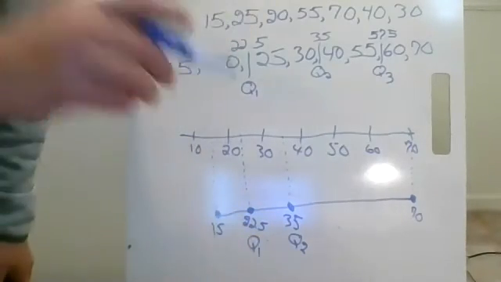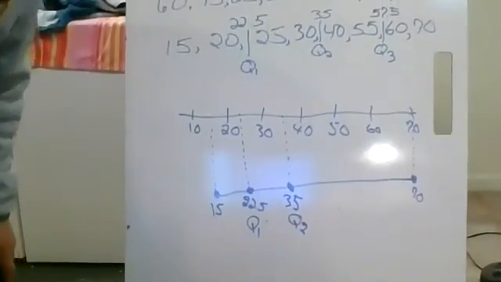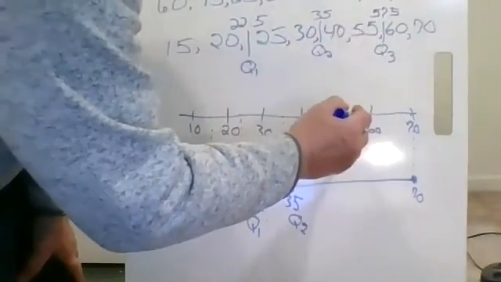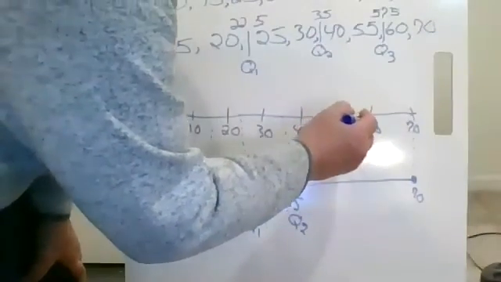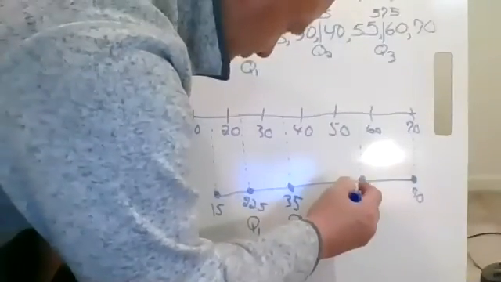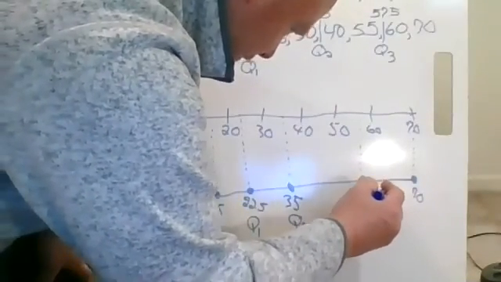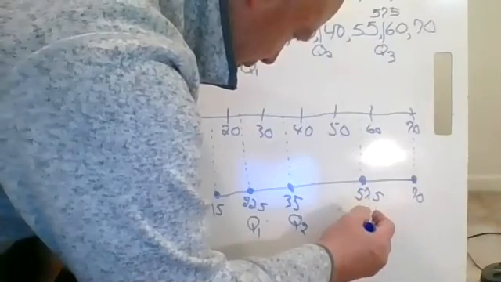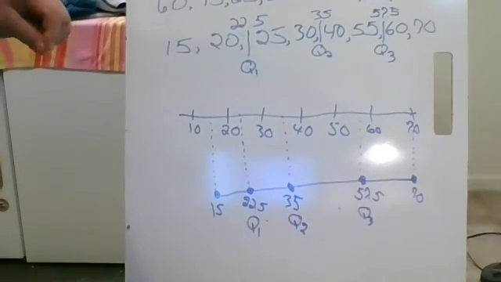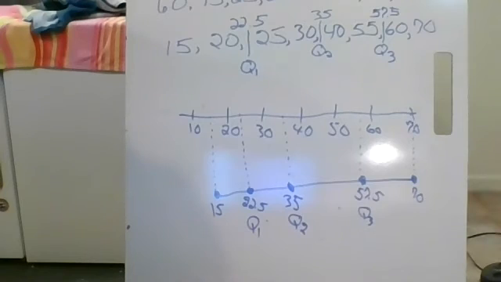And that's Q sub 1. You've seen this. And then over here, 57.5. That's going to be about right in here. 57.5. And that's Q sub 3. So we have to put the min, the max, and the 3 quartile points. And that gives us the 4 quartiles, the 4 segments.